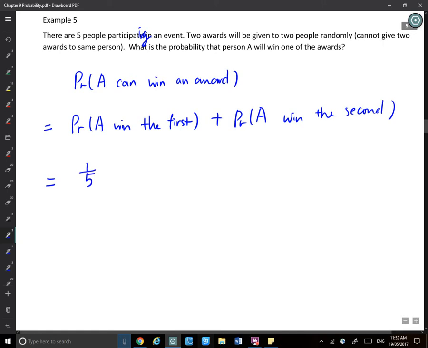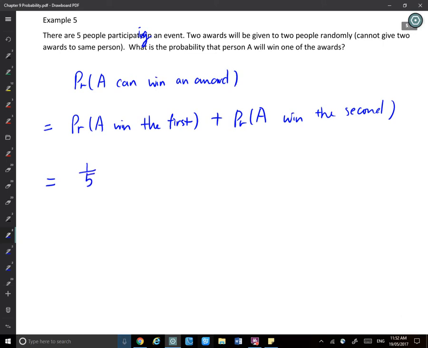Okay, that is already the case that you win the first award, because you don't really mind who wins the second. It's not my business. I win 1, I walk out. There's just 4 people left, and I throw another one, but I don't care what's the result. I already succeeded. I win the first award and walk out. So the probability I can win the first award is 1/5.